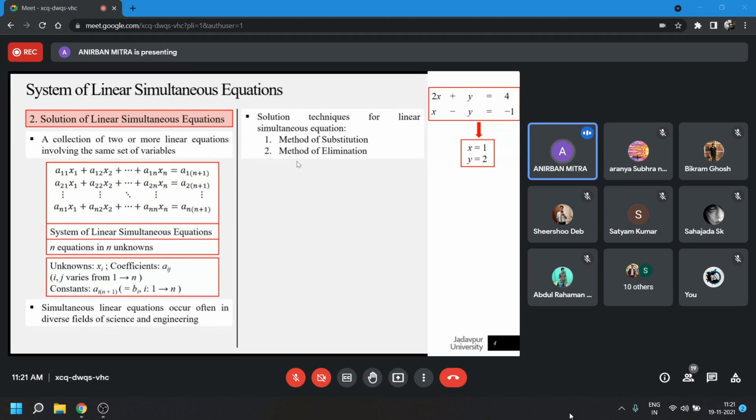So these are the techniques that were taught to us in school at the preliminary stage. Later on, when we got the knowledge of determinants, the concept of determinants, then we also came across something called Cramer's rule, which is based on evaluation of determinants. Now, I'm not going to discuss what exactly is Cramer's rule.